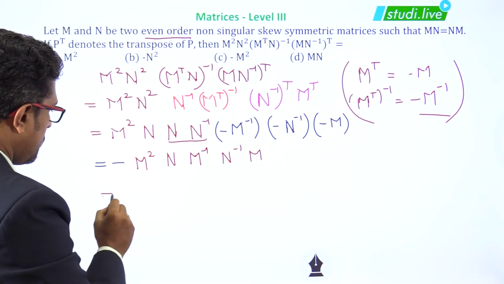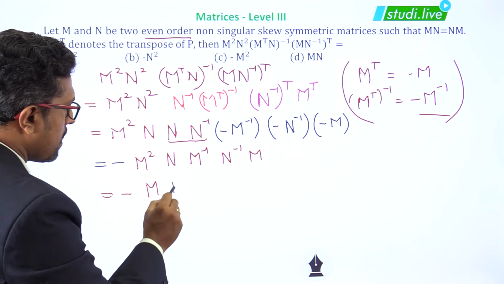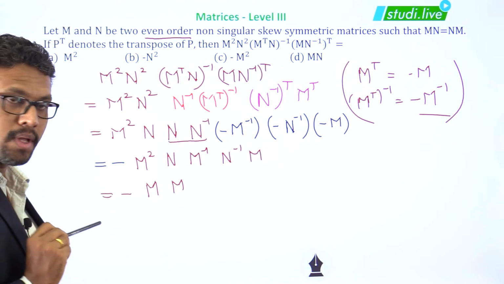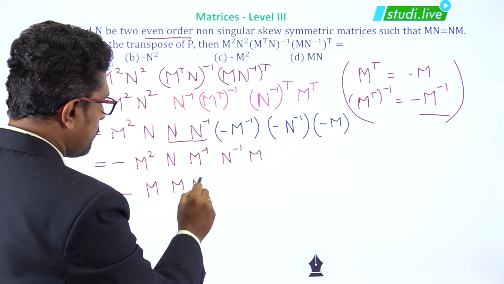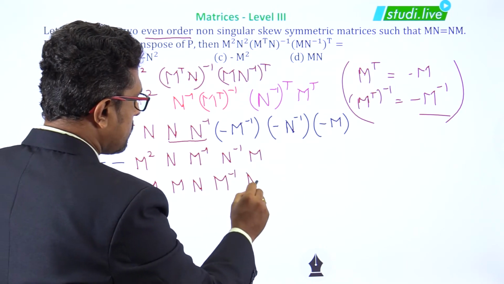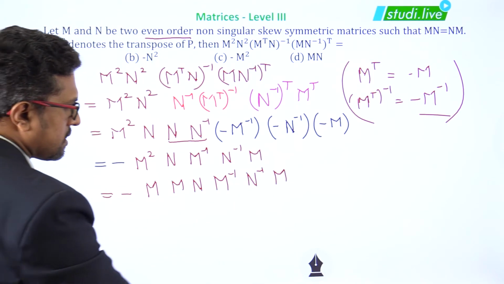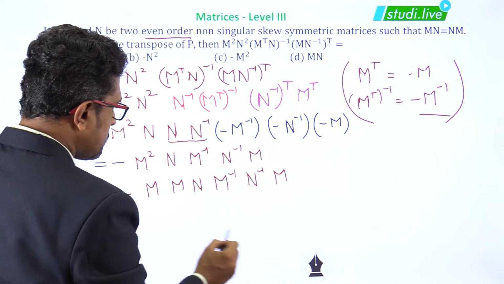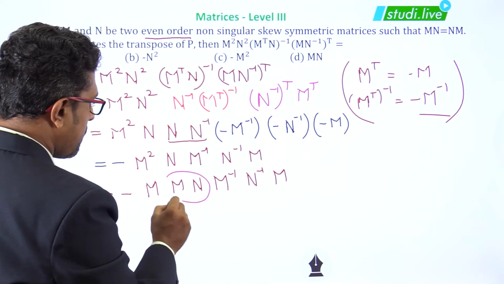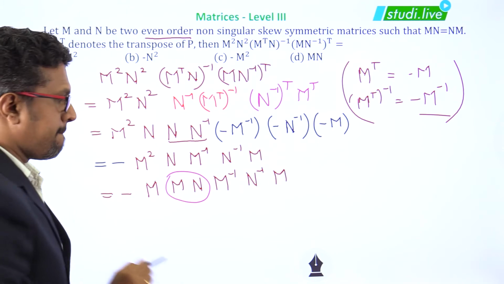So this is equal to minus of, now M square I will write as M into N. There is an N over here, there is M inverse, N inverse, and N. Now just check. Instead of this MN, I can write it as NM.